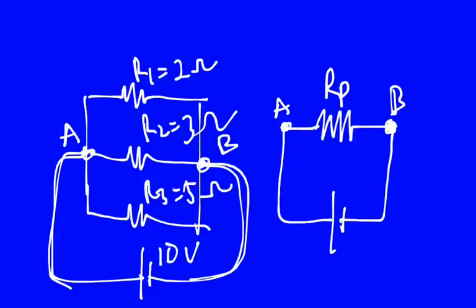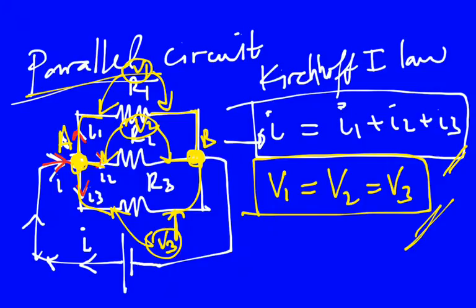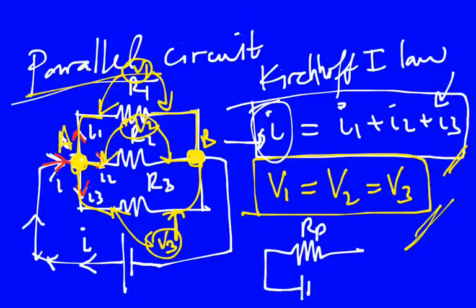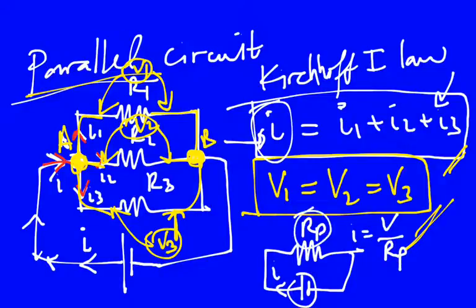Now how do we get the total resistance in the parallel circuit? If you look again at your current relationship here, the current I, now look, if I draw your resistors as one single resistor, let's call it RP, and this RP is connected to the same battery here, the current I here is just V divided by RP, right, because your resistance is RP.